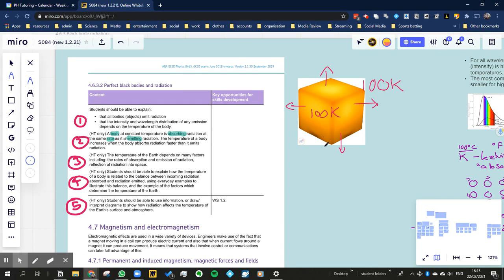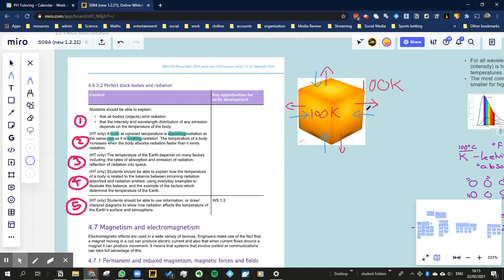That's not true. Energy is moving around from one place to another all the time. The difference is it's emitting radiation and also absorbing radiation, but it's doing it at the same rate. So the temperature neither goes up nor down because the amount of energy is staying constant.